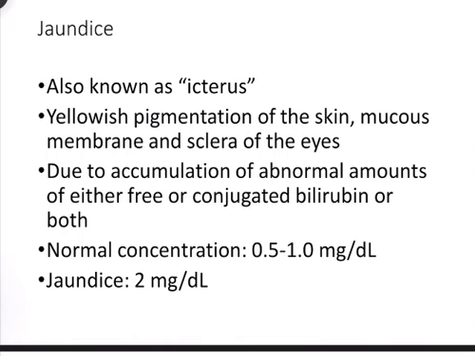The normal concentration of your bilirubin is 0.5 to 1 milligram per deciliter. Jaundice is indicated with a result of 2 milligrams per deciliter or greater.